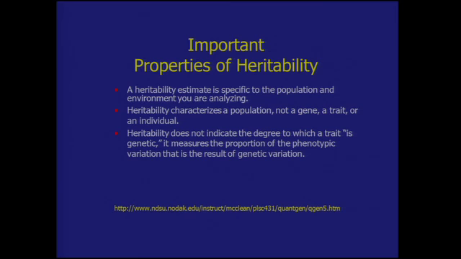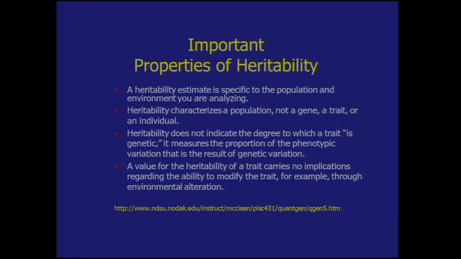It's only about how much phenotypic variation is due to genotypic variation. And this is crucial for understanding the implications of genetic findings in a medical context. The value for the heritability of a trait, like a disease, carries no implications regarding the ability to modify the trait, for example, through environmental alteration, such as medical treatment.